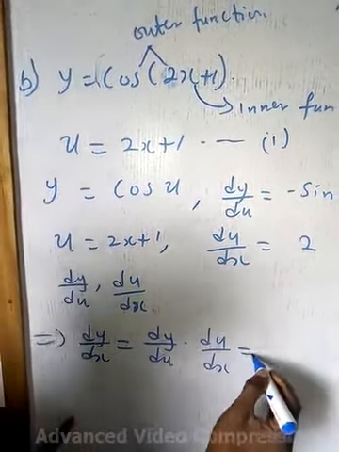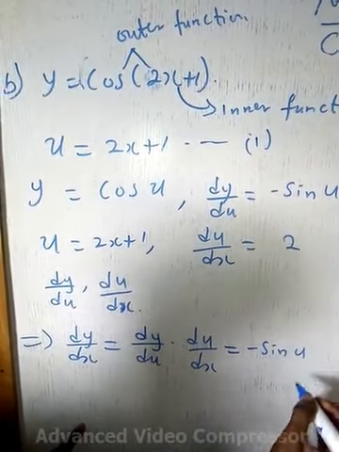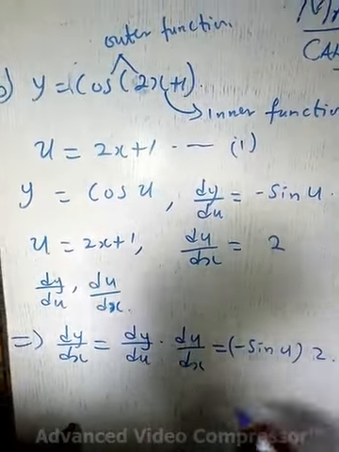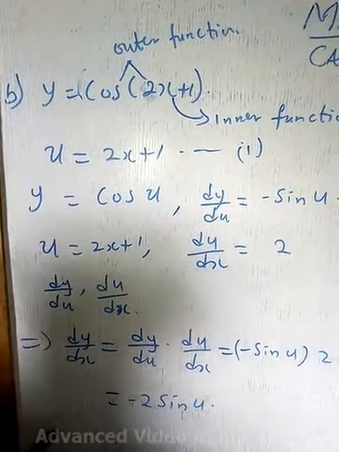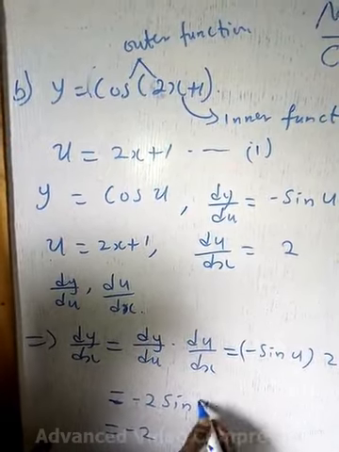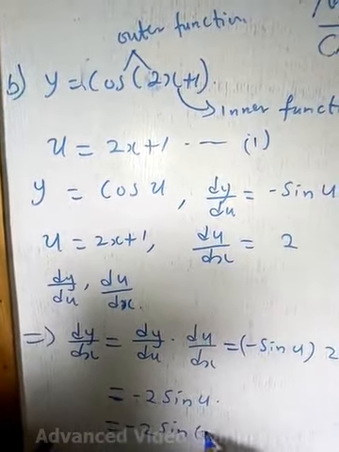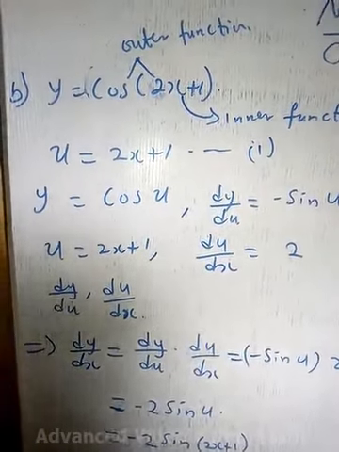So dy/du, which I've gotten to be minus sine u, multiplied by du/dx, and that is 2. Then my answer here is minus 2 sine u. Then we replace our u with what we were given, and my u is 2x plus 1, and that is the derivative of this.